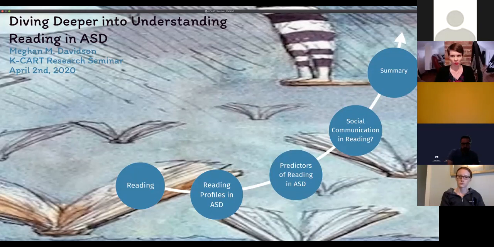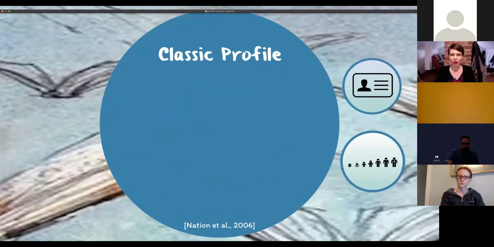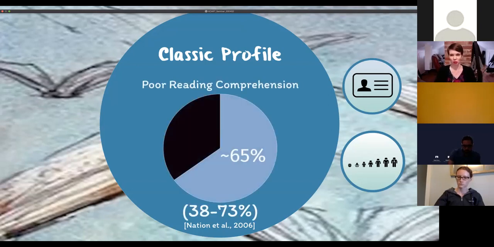So beginning with reading profiles in ASD, there is a fair amount of work early on showing what I refer to as the classic profile of reading. So based on the simple view of reading, I refer to this as the poor comprehender, poor reading comprehension profile.